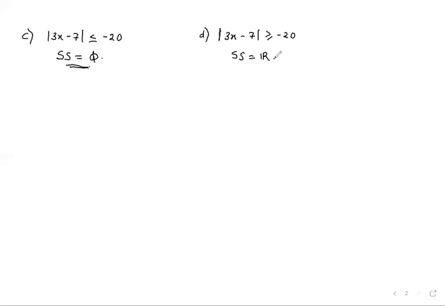Why is it only? Because everything you put in the model gives you a positive. Correct. Why equal to, not just greater than -20?